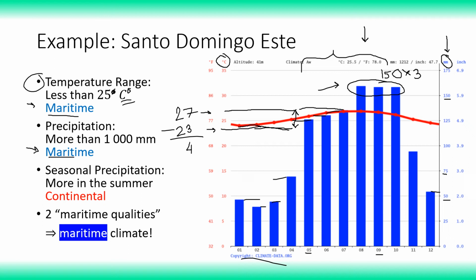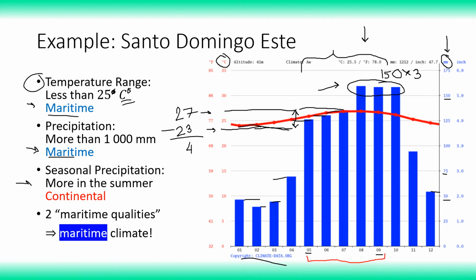Now, a word of warning. What you need to be careful about is whether your city that you're looking at is in the northern hemisphere or the southern hemisphere, because that changes which months are summer. So that means 2 things. One, when you're looking at the seasonal precipitation, the summer months for the northern hemisphere would be roughly these ones here.